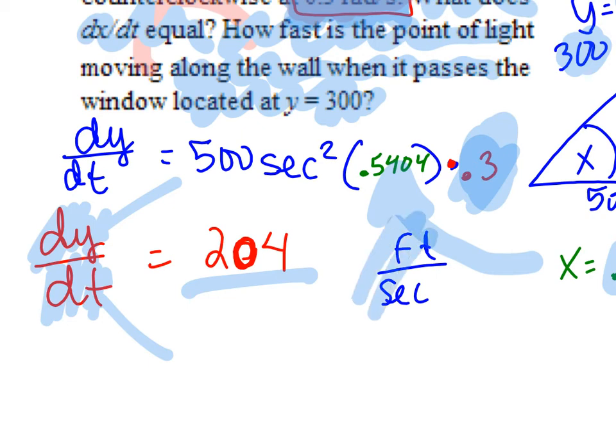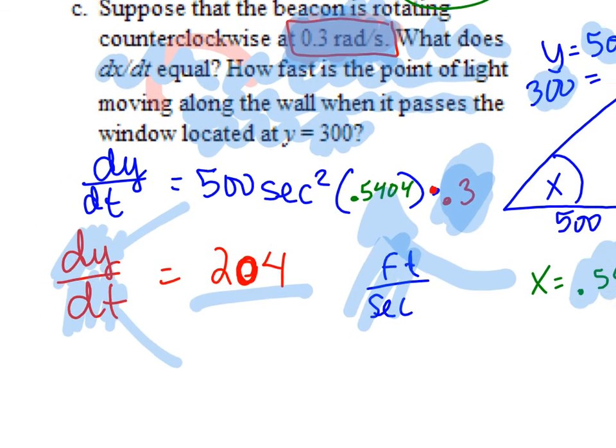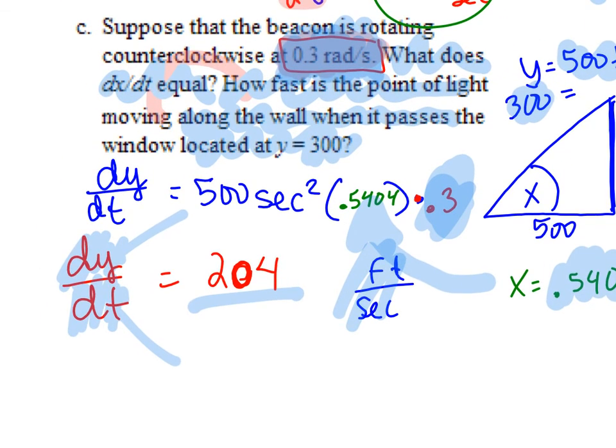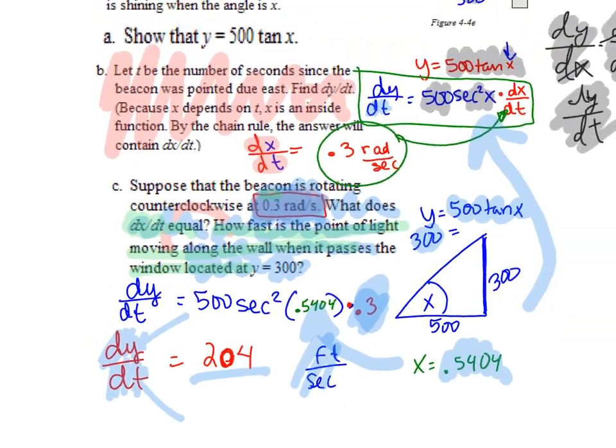Alrighty, so what is it asking for again? How fast is the point of light moving along the wall when it passes through the window located at that point? They don't even ask for feet per second. You probably didn't even need to do all of this.